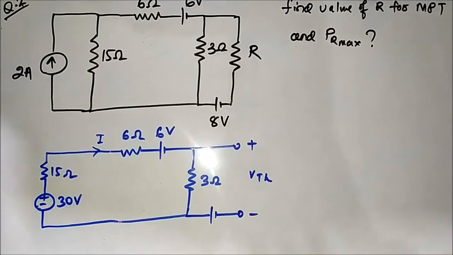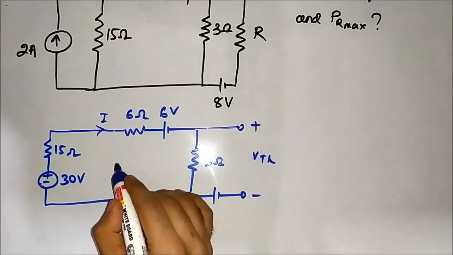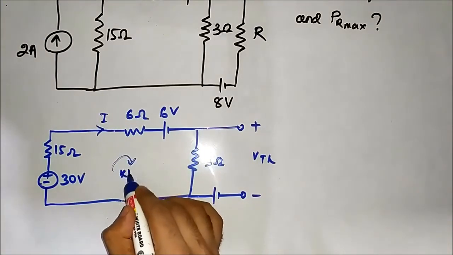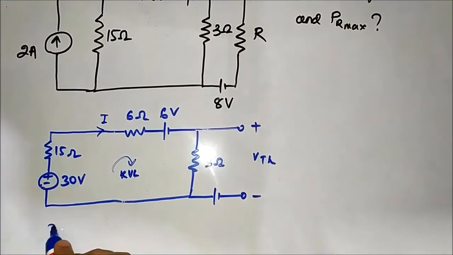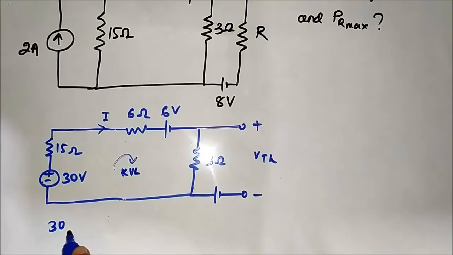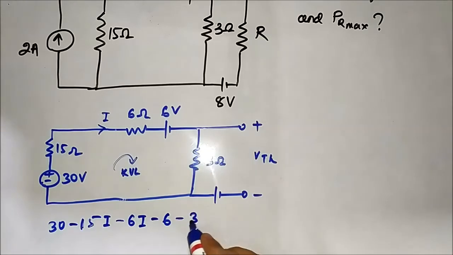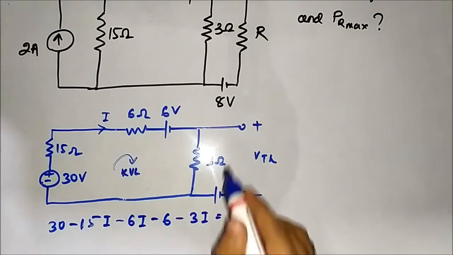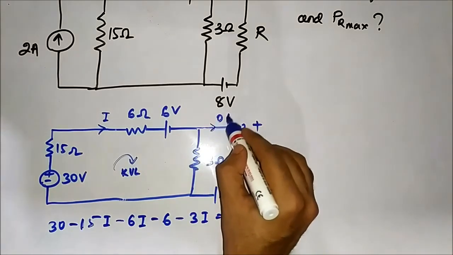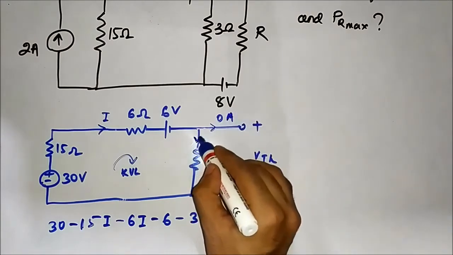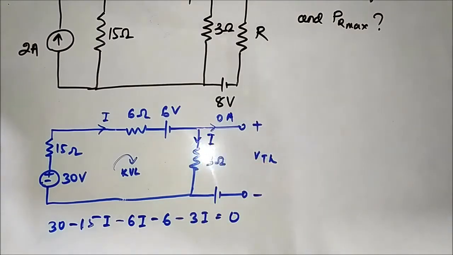If we apply KVL here, we will have 30 minus 15I minus 6I minus 6 minus 3I is equal to 0. Here no current will flow because it is open circuited, so the same I will flow here too.